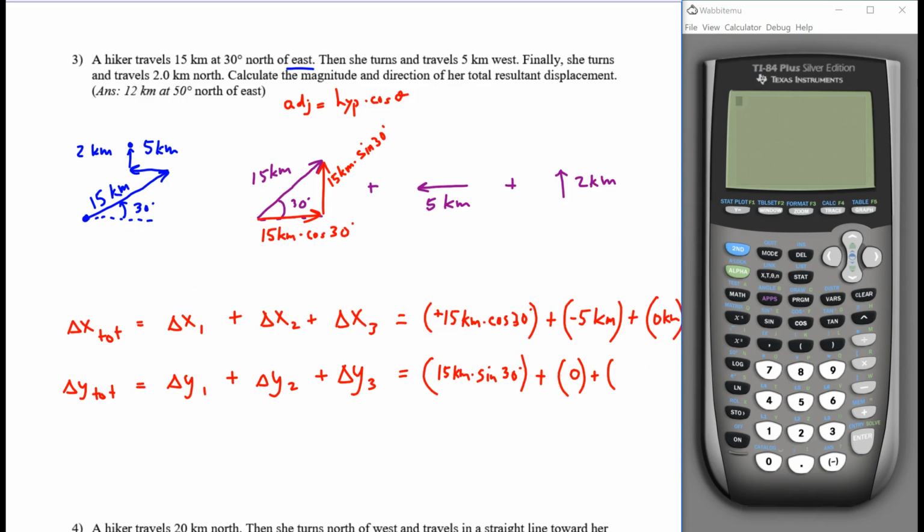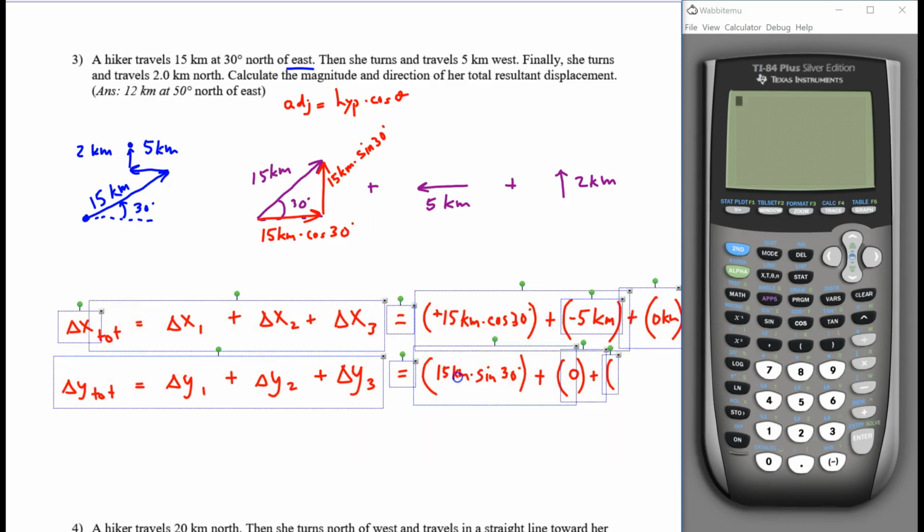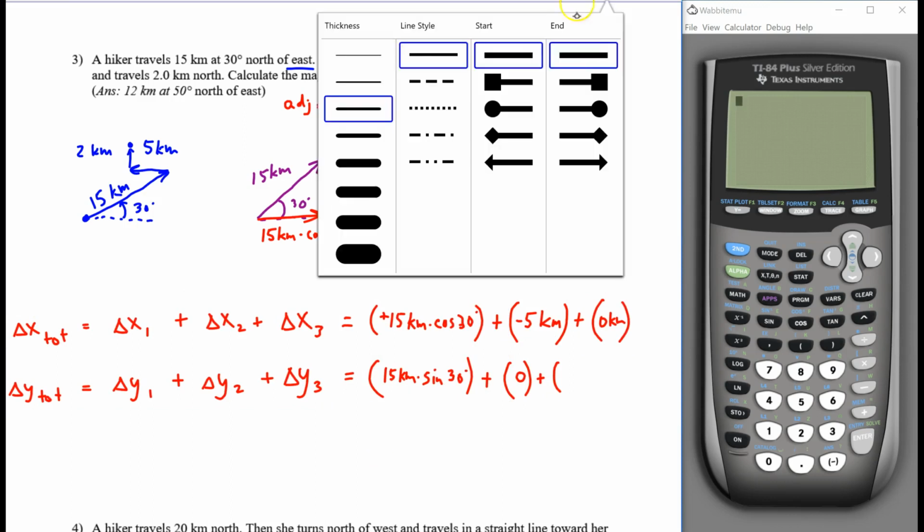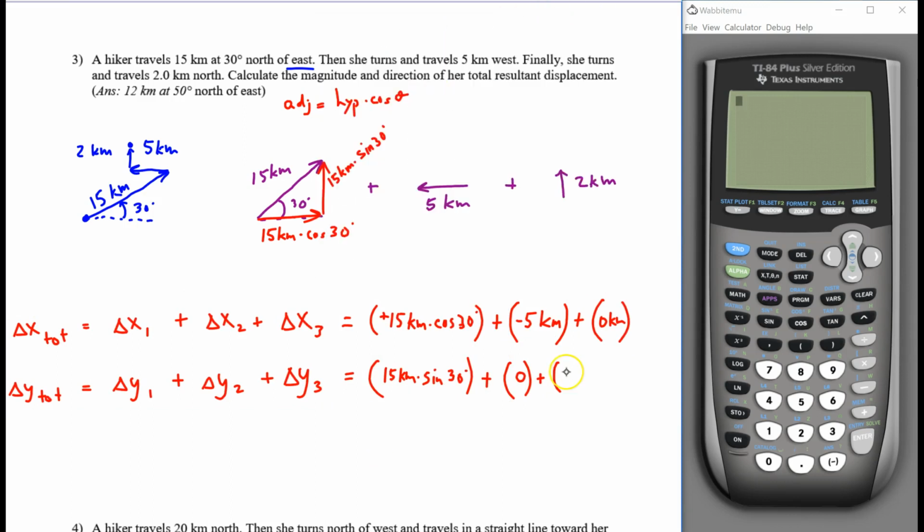Let me move this over to the side so I have room for the answers here. And what did we say here? This was positive 2 kilometers.